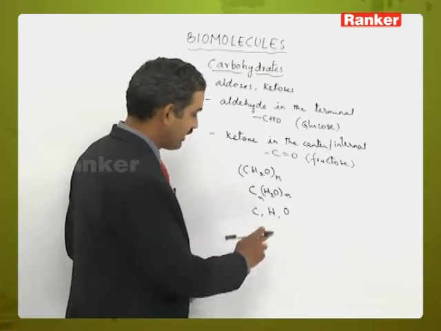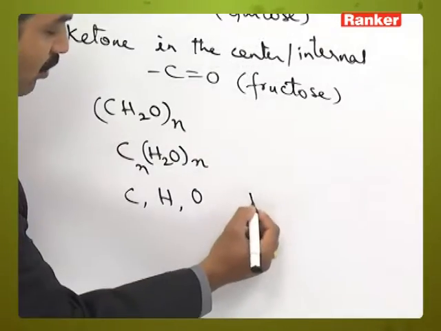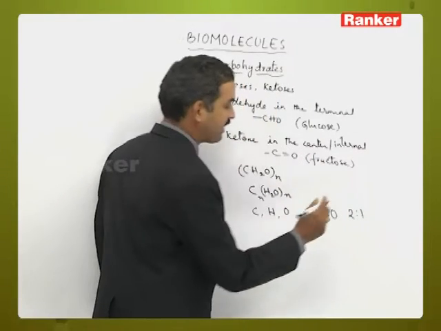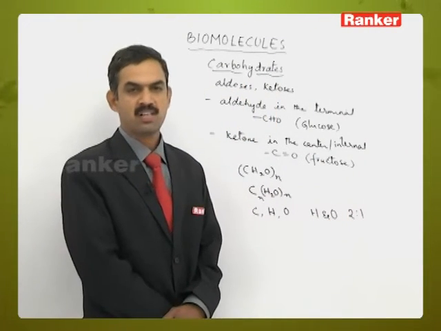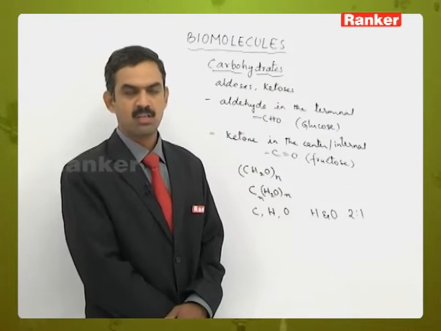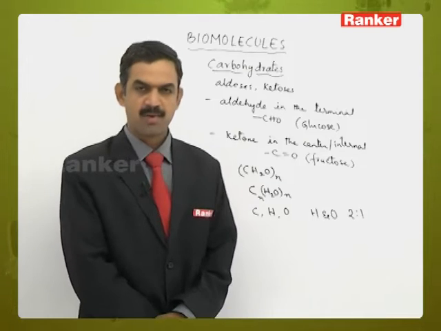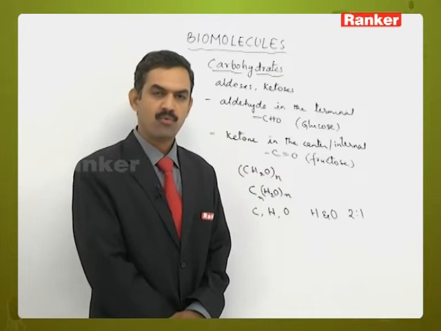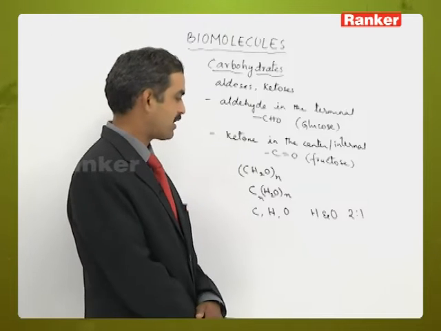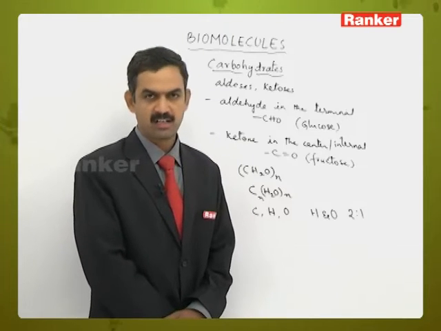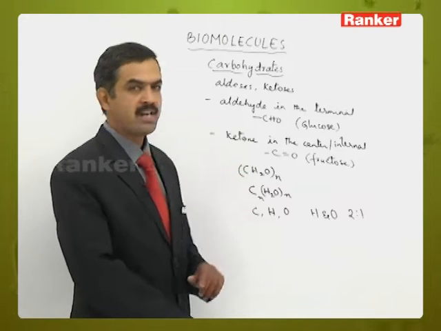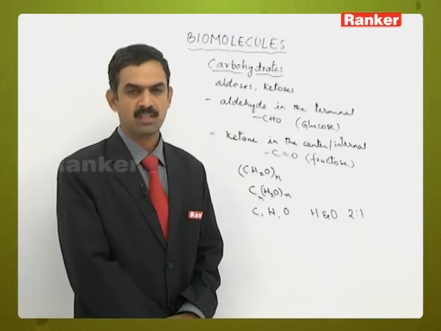Here, hydrogen and oxygen are always in a 2:1 ratio, that is, the hydrogen number is always double that of oxygen. But of course there are some exceptions, like deoxyribose sugar, where the numbers of hydrogen and oxygen do not show a 2:1 ratio. In all other carbohydrates, we can see a 2:1 ratio of hydrogen and oxygen.